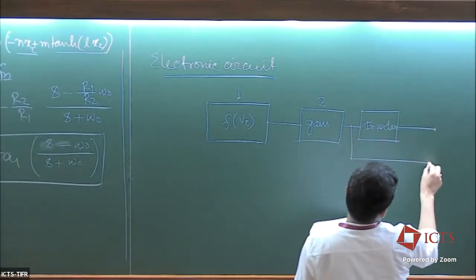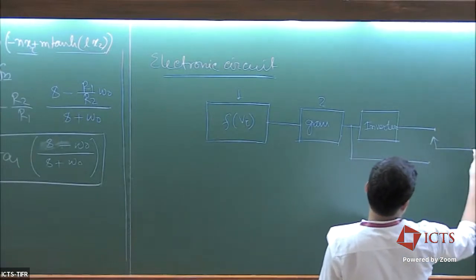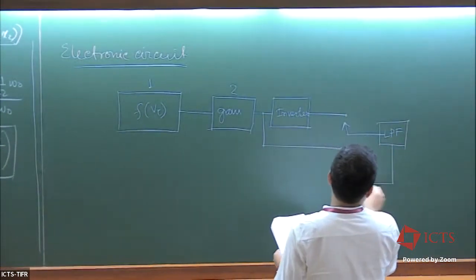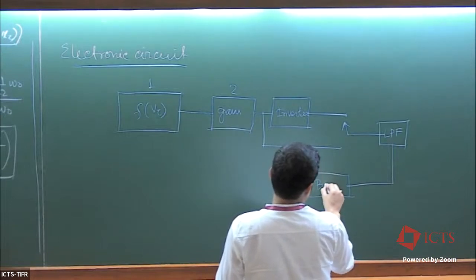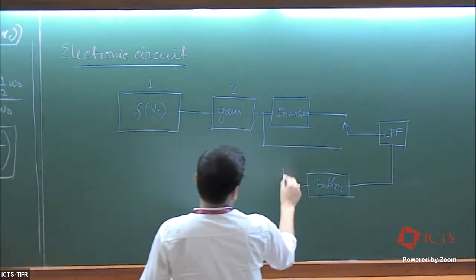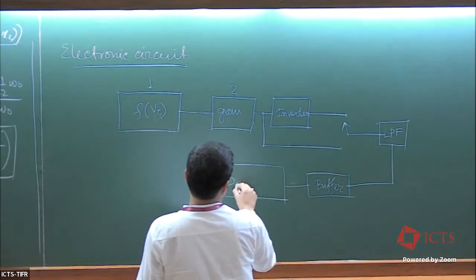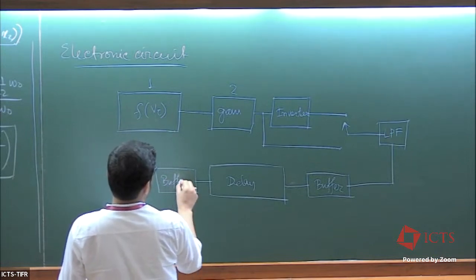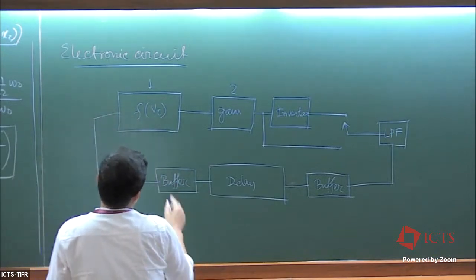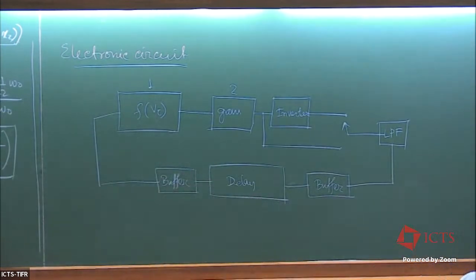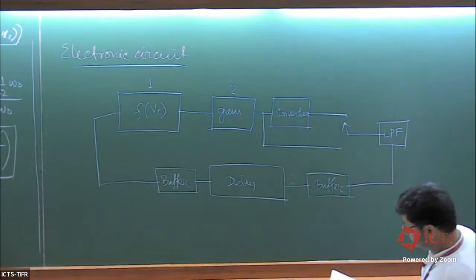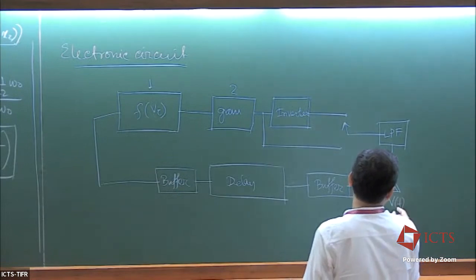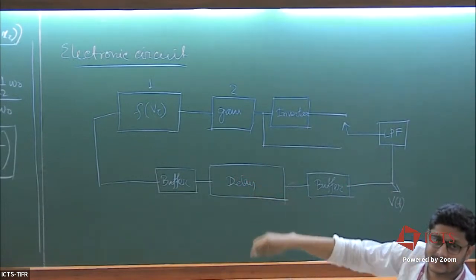Then I can do this kind of arrangement: a switch, and then a low pass filter section, and then some buffer, and then delay block. Then also I can employ some buffer and feed it to f. So in this portion, you can get from here V of t that mimics the x.